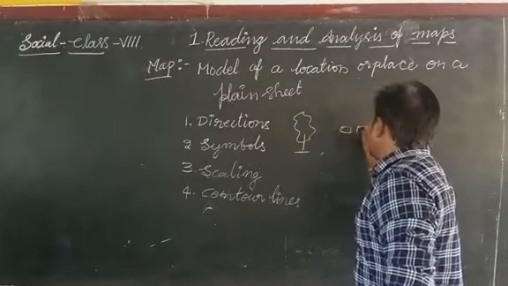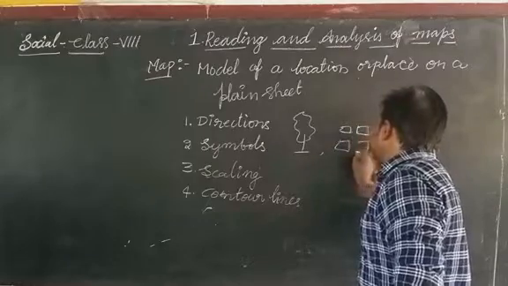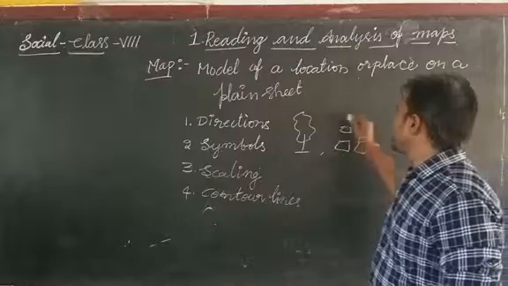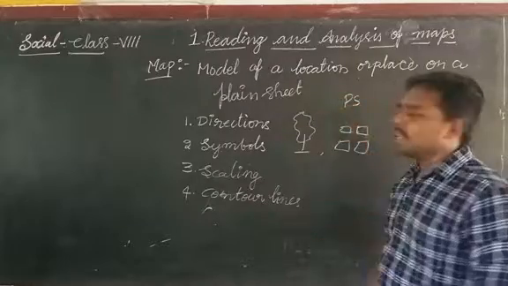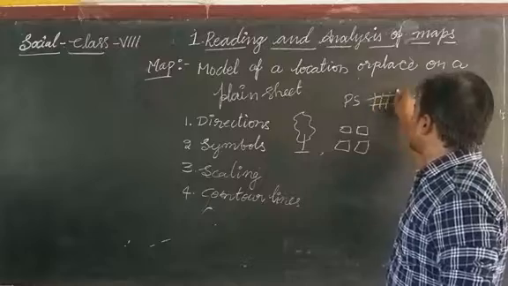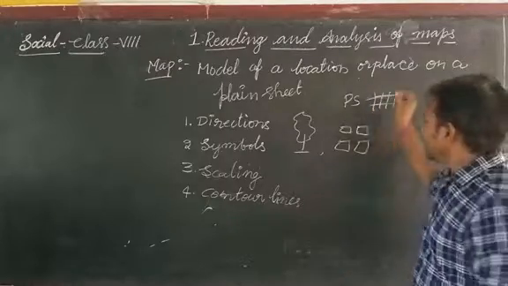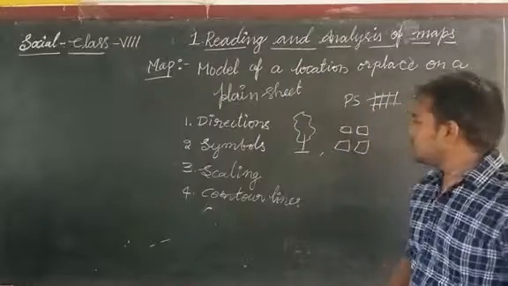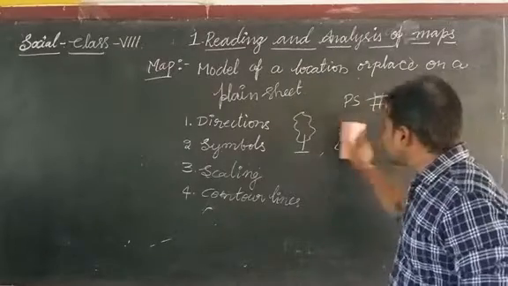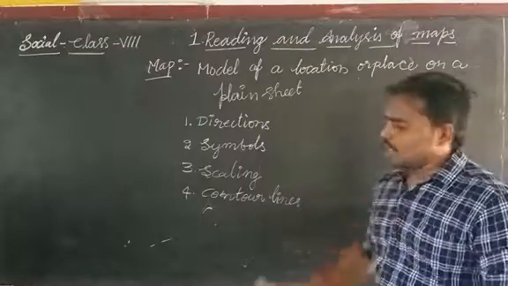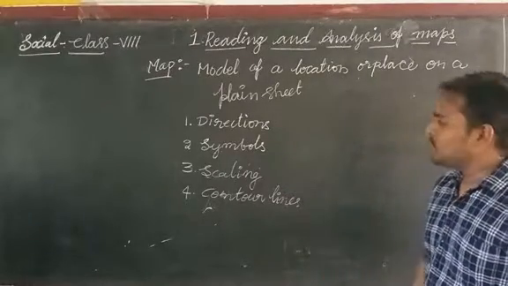These are unique ones. Suppose if you see the symbol PS, it means police station. If you see a symbol like this, this is the railway track. These are all we have learned in the previous classes. These are the unique symbols which cannot change for all the maps.